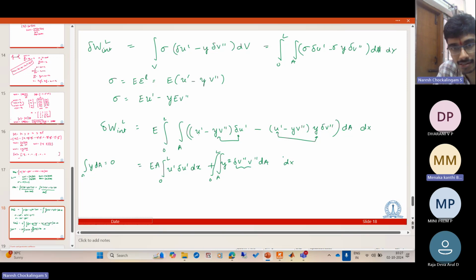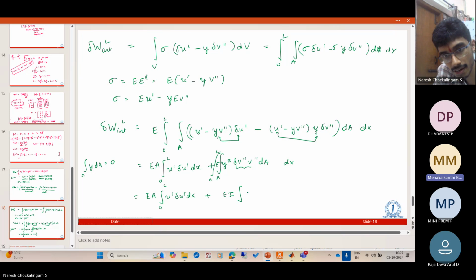Integral y square dA is the moment of inertia, and we have an E somewhere outside. So integrated, you get only two terms, which is EA integral 0 to L u dash del u dash dx plus EI integral v double dash del v double dash dx.